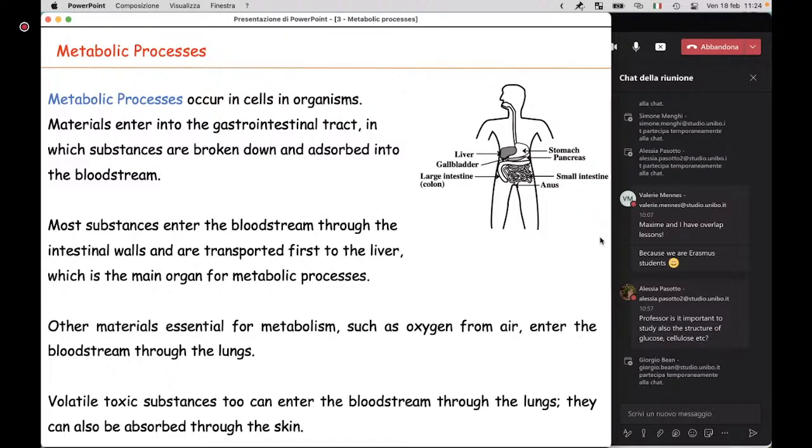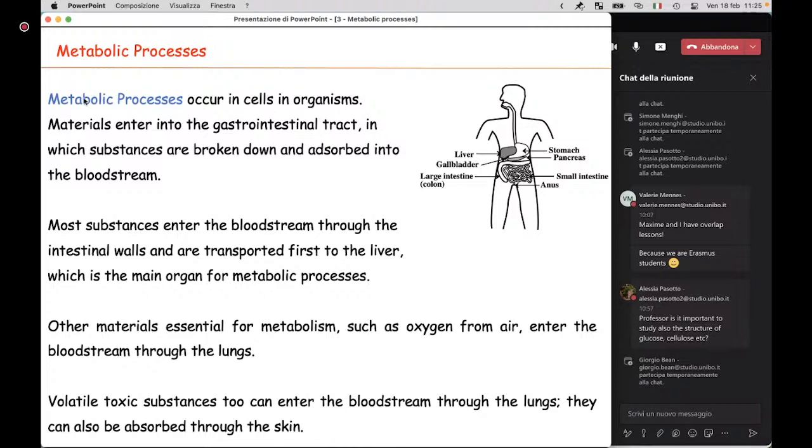Metabolic processes are complex sequences of chemical reactions involving those biological molecules we have seen before, that the cell and our body use to perform all needed functions to keep us living and working and functioning in general, okay?